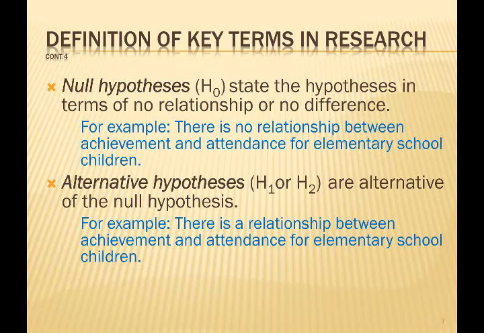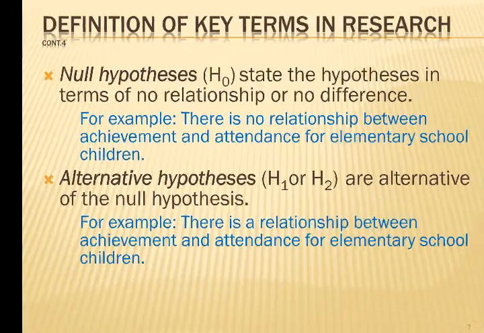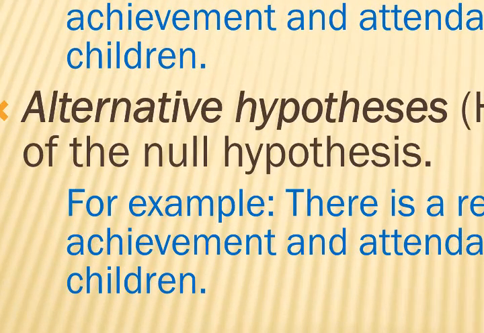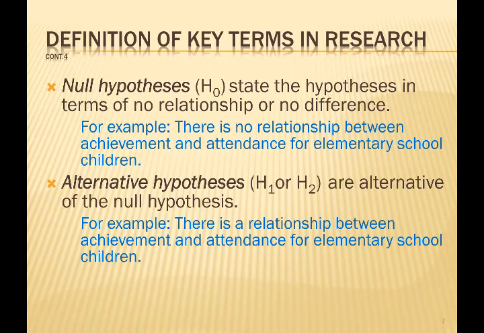And when we're doing hypothesis testing, we set up this null hypothesis and we try to prove that wrong, or try to find ways to reject that null hypothesis in favor of finding there to be something, or a relationship or a difference. And that's stated by the alternative hypothesis. So the alternative hypothesis is opposite to the null hypothesis.